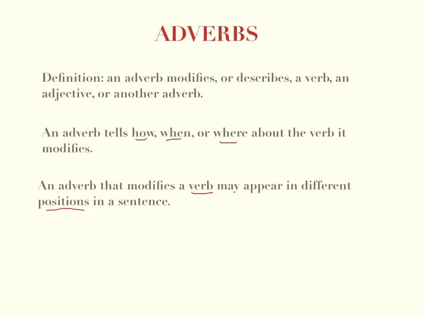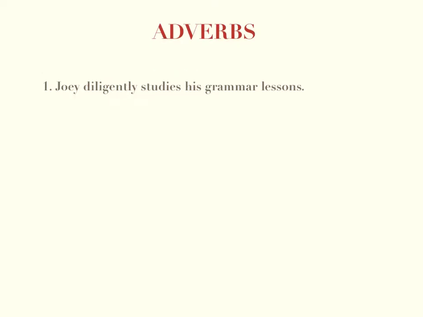All right, let's take a look at some sample sentences so we can see exactly how these things work and what they look like. In this first sample sentence, Joey diligently studies his grammar lessons. Our adverb is diligently. The reason diligently is the adverb in this sentence is because it modifies the verb studies.